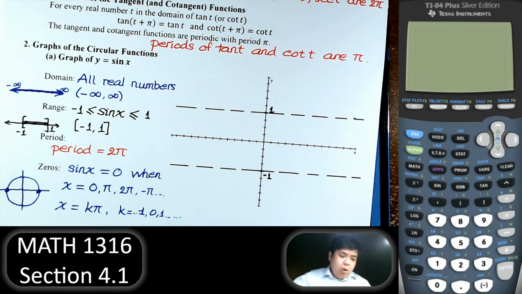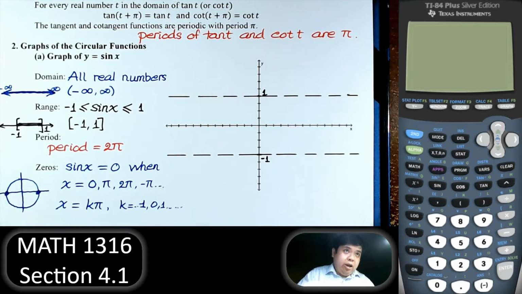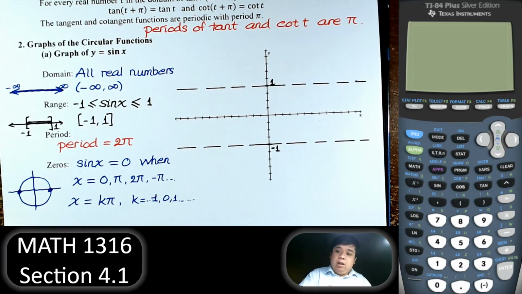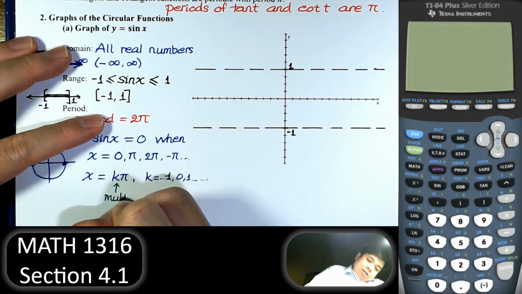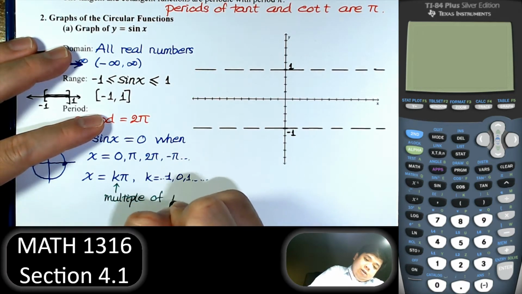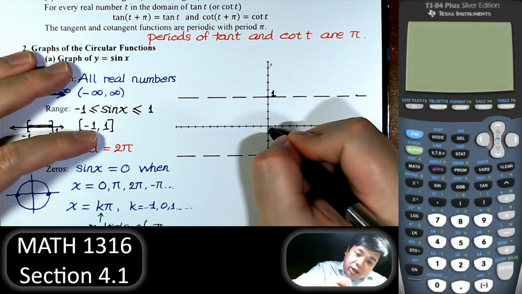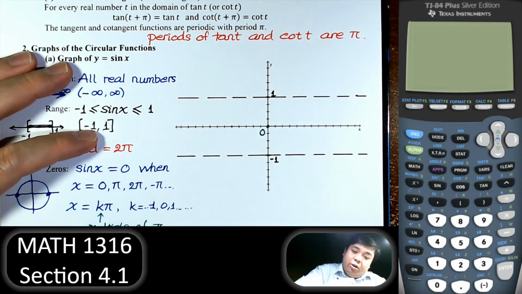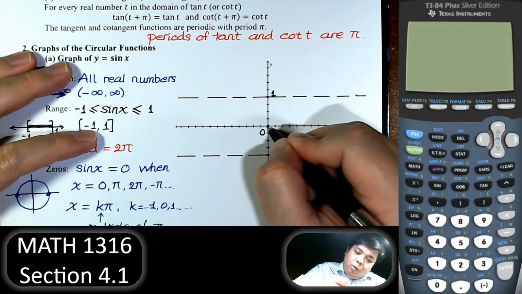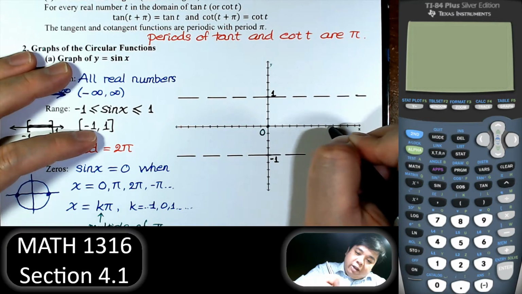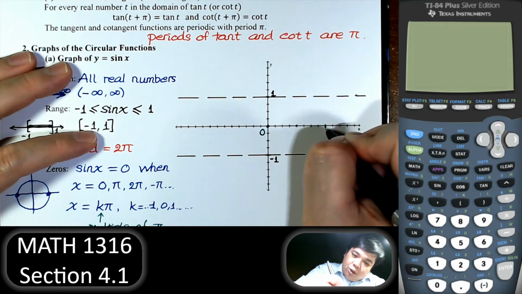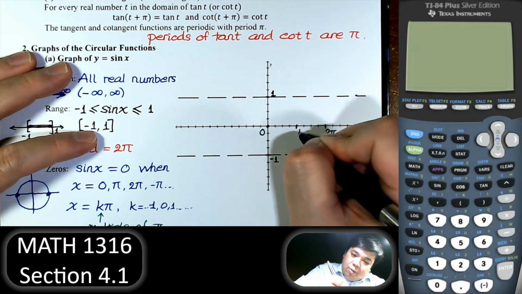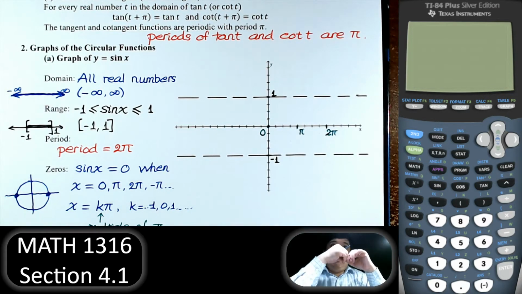Also, the function equal to 0 when we have a multiple of pi. The way we say k pi, this is a multiple of pi. Meaning that the function will equal to 0. Let's say 1, 2, 3, 4, 5, 6, 7, 8. Let's choose 8 to be 2 pi. So 4 of them is pi, because later on we might have to subdivide them.